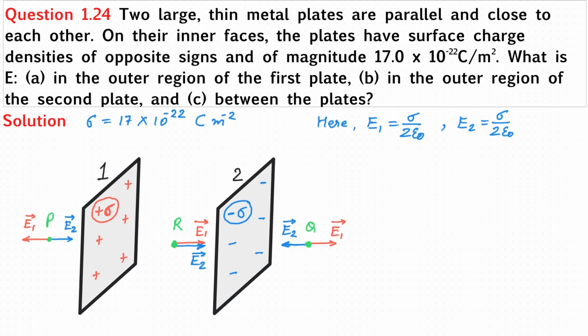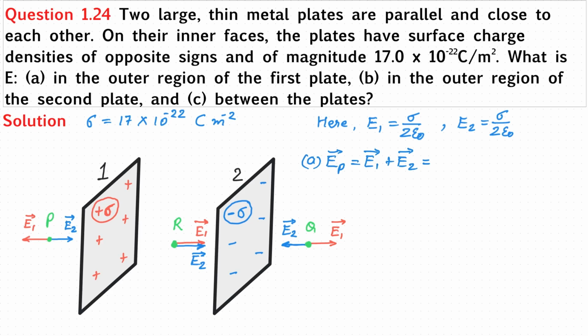Now for the first answer, we need to find out electric field in the outer region of the first plate. That means we have to find out electric field at point P. Let me call it like EP, and this EP will obviously be equal to vector E1 plus vector E2. You can see both the electric fields are being added.